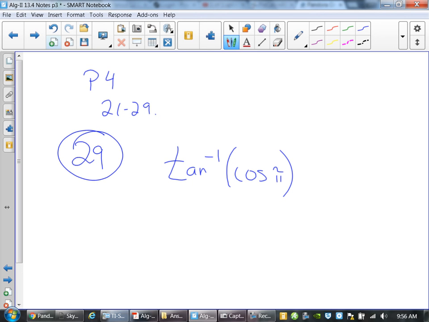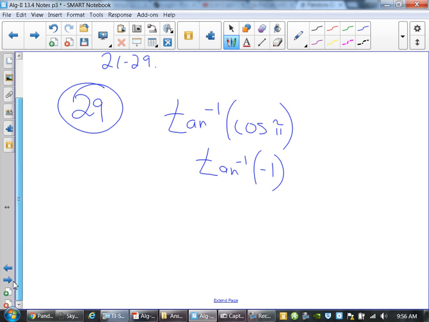So that means, what angle has a tangent of negative 1? Negative 45, or negative pi over 4. You're just working backwards, working the other way. It's a composite function, made up of two functions made up of one another. So I would be able to do those.